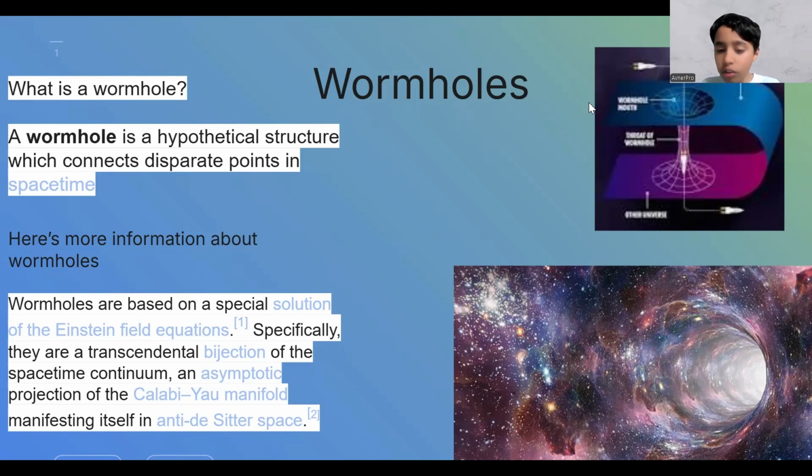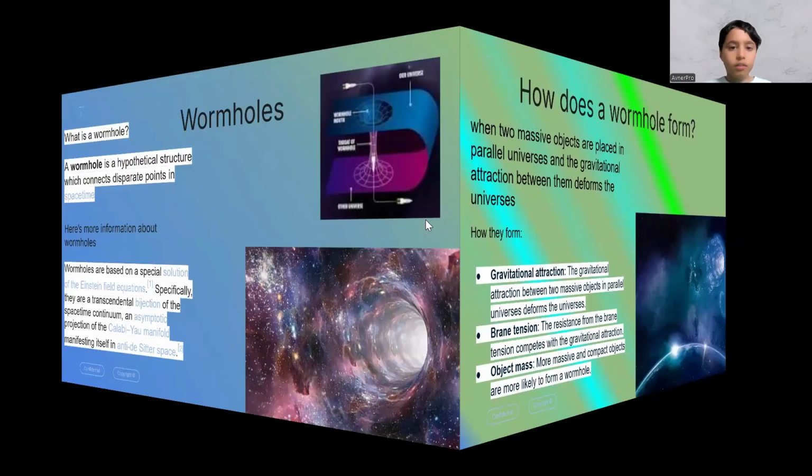So they're based on this solution, which was first found by Einstein and Calabi, as I call him. Okay? And they use this kind of equation to solve for the wormholes. Anyways, okay, we can go to the next one.